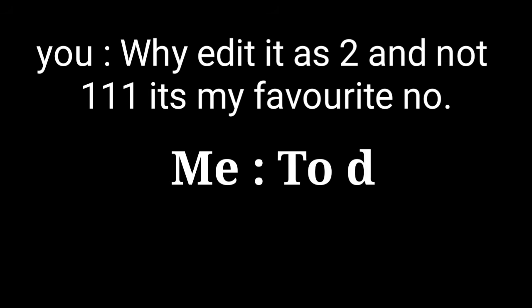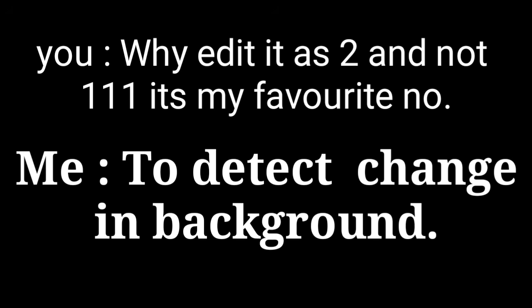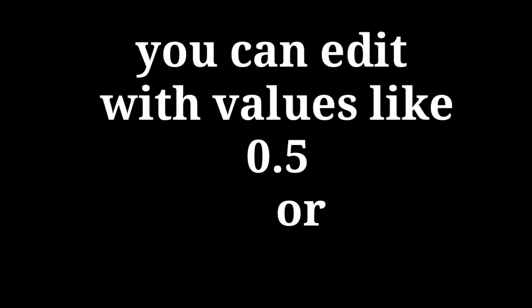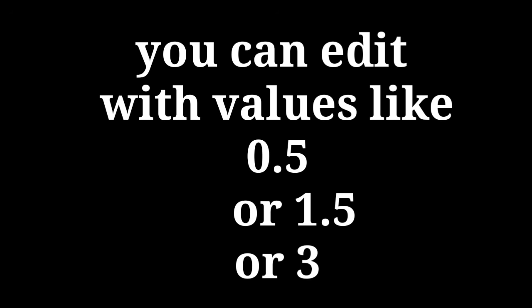Now you will ask why to edit it as 2. And I will reply, to detect the change in the background. We cannot edit it with a high value like 100 or 1000 because the game will have a very high chance of crash. However, you can edit it with values like 0.1, 1.5 and 3.